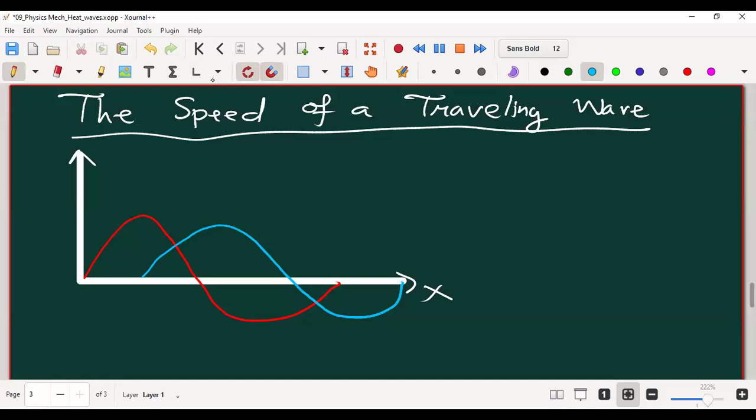The displacement here is delta x. Because kx minus ωt is a constant.